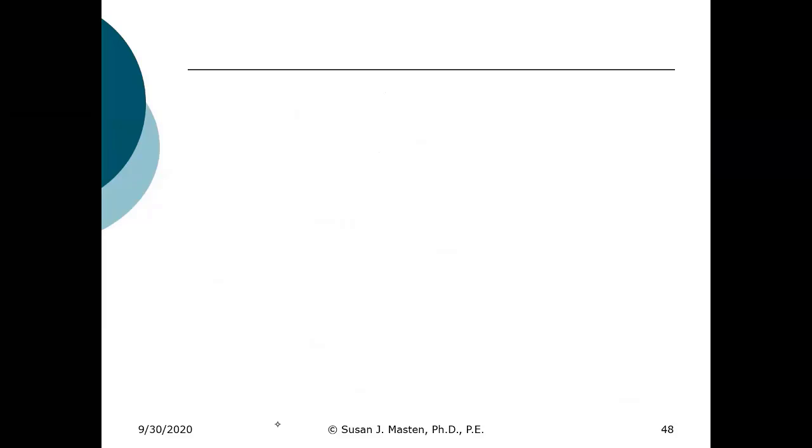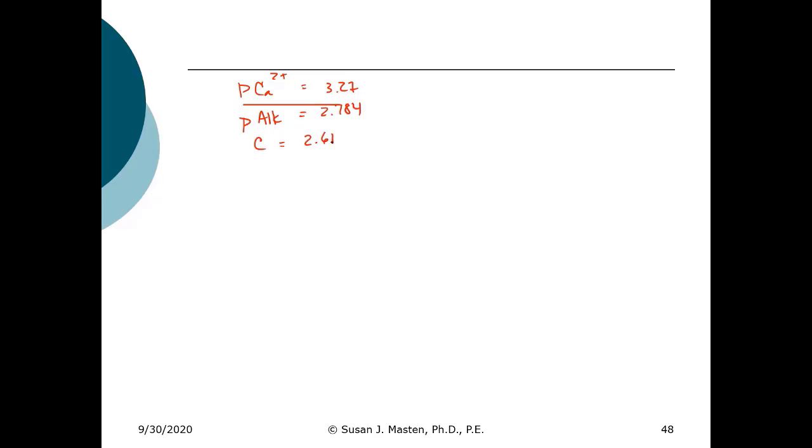So we've calculated PCa2 plus, that was 3.27. P alkalinity is 2.784, and C is 2.61. So our saturation pH is 3.27 plus 2.784 plus 2.61, and that is 8.66.